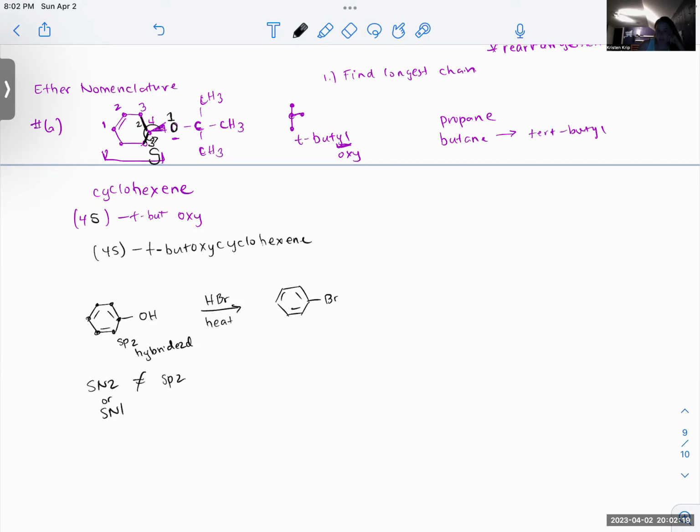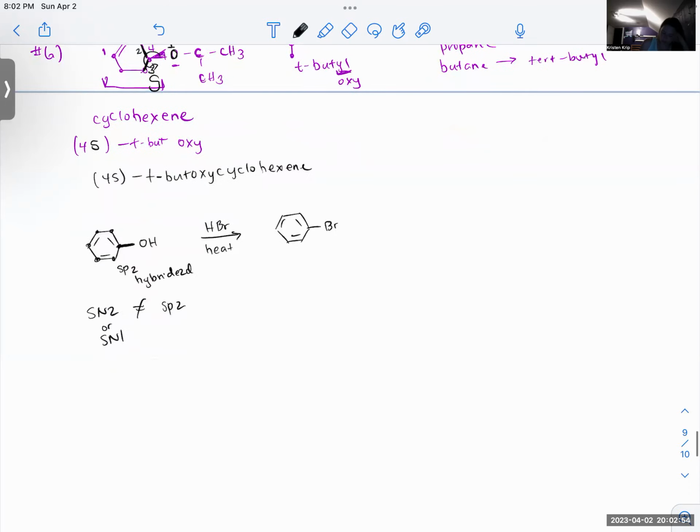That's generally because the bond here is going to be too strong. The more s character you have, the shorter the bond is, because it's able to hold it closer to the nucleus of the atoms. So this bond ends up being too strong to break.